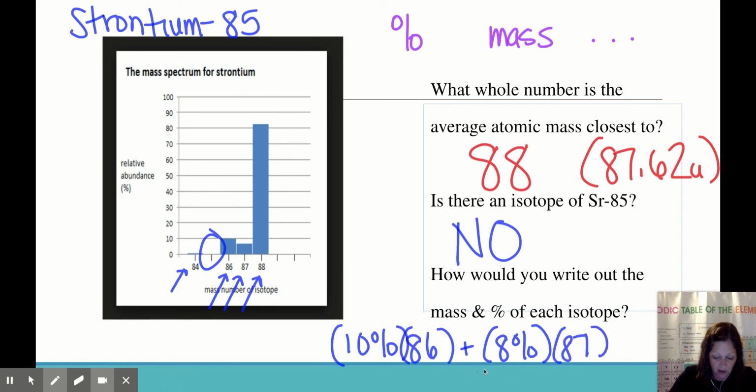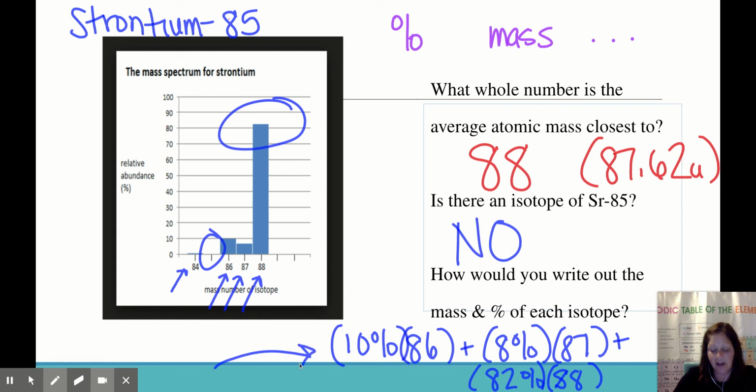And also we would add that to what looks like 82% of strontium 88. We would add those three results together. Notice that maybe that means that this is actually more like 83%. This doesn't quite add up to 100, but you would have a table with more defined values if you actually had to come up with this from it.